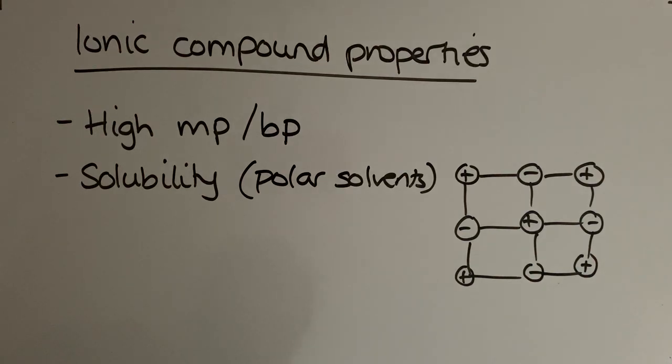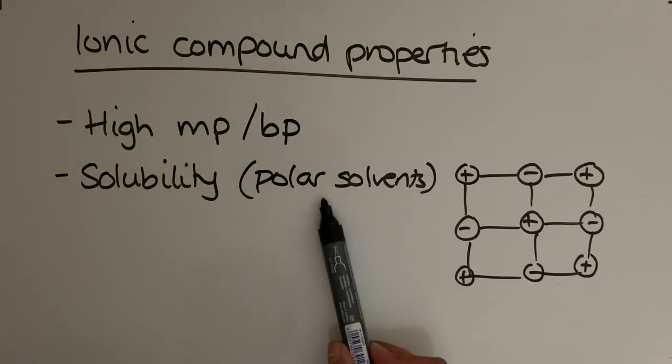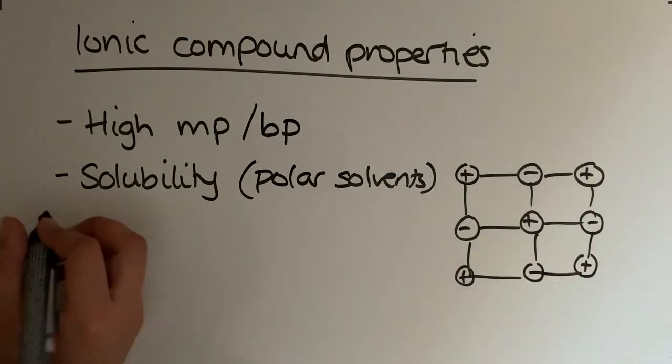As you increase the charges, like for example, as we went from sodium chloride to calcium oxide, the greater the charge becomes on the ions, the less soluble an ionic compound becomes. So for example, sodium chloride is going to be more soluble than calcium oxide. But the general rule of thumb is that ionic compounds are soluble in polar solvents.